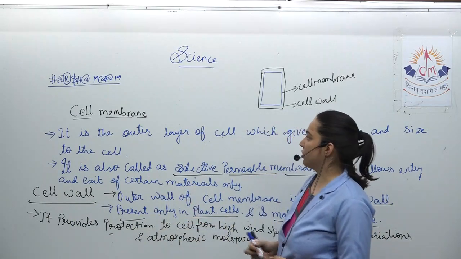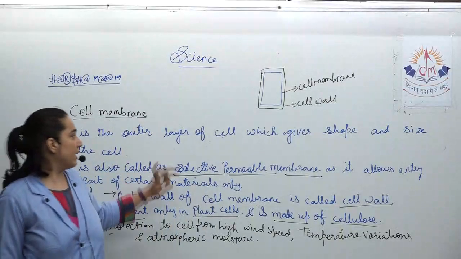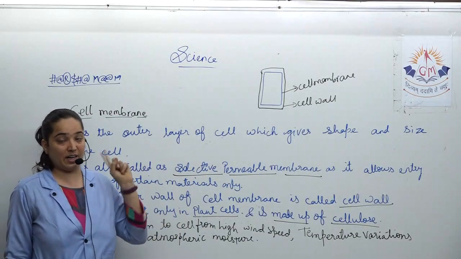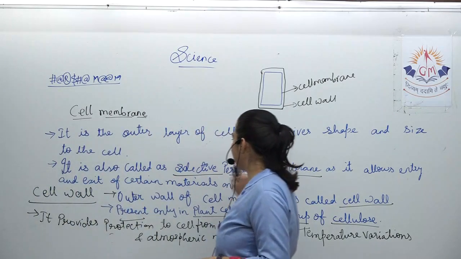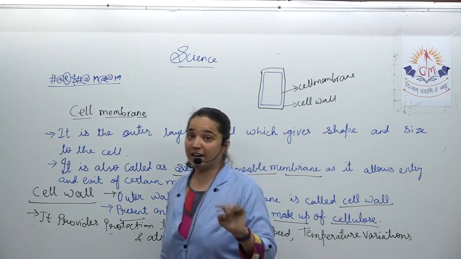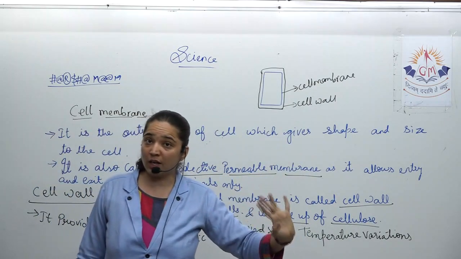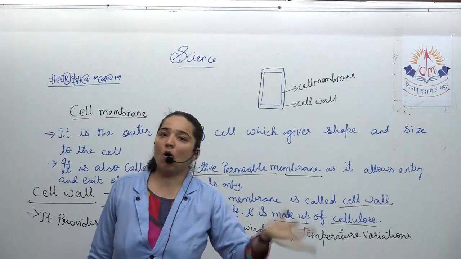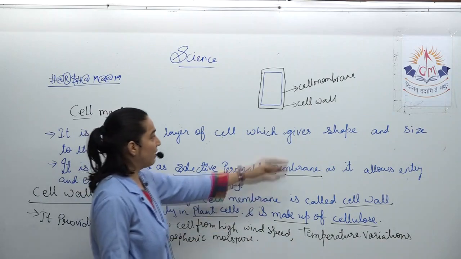What we have discussed just now, we have discussed about two things, cell membrane and cell wall. What is cell membrane? It is the outer layer of the cell, which is giving the shape and size to the cell. It is also called as selective permeable membrane. Why? It will allow entry and exit of only certain materials. It will not allow all the things to enter nor all the things to exit. Cell wall is the outer layer of cell membrane.